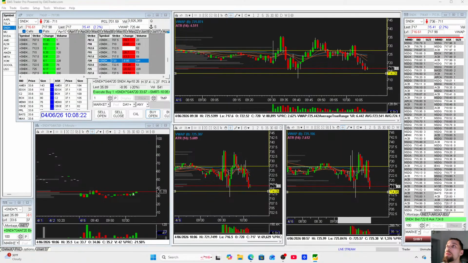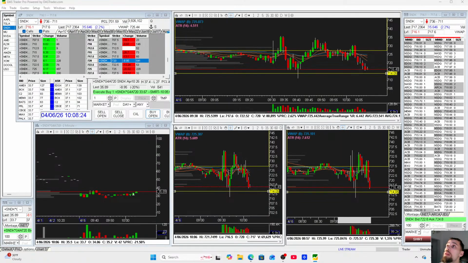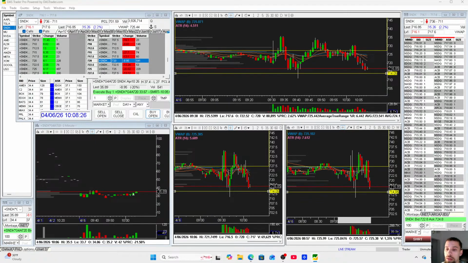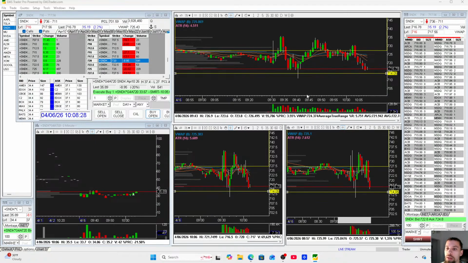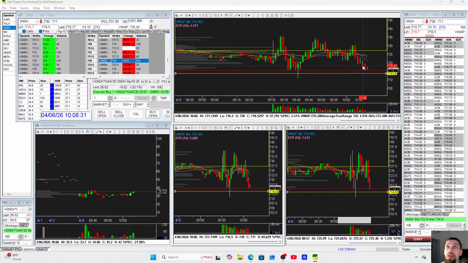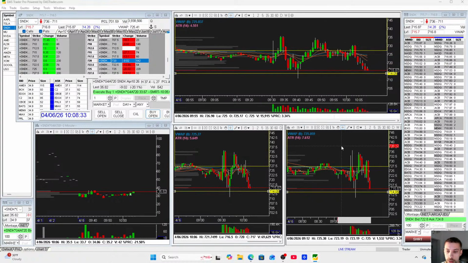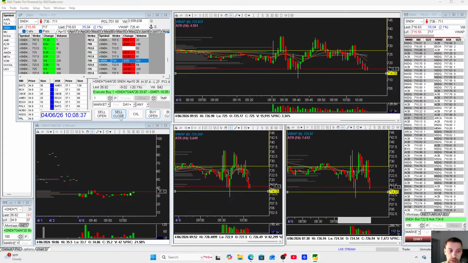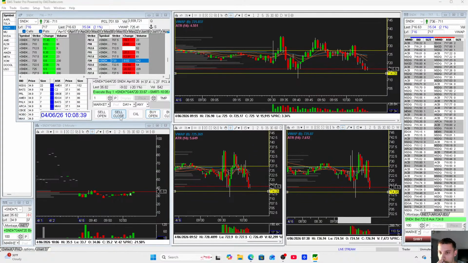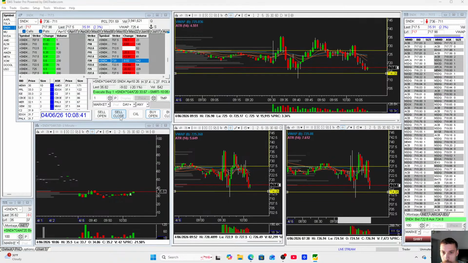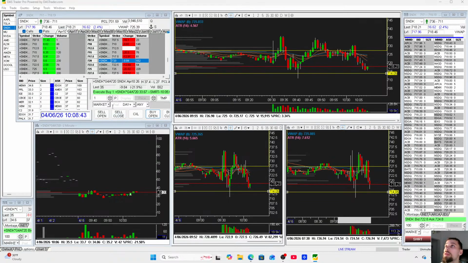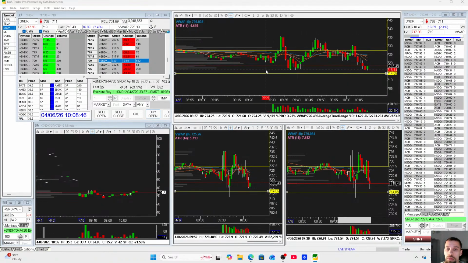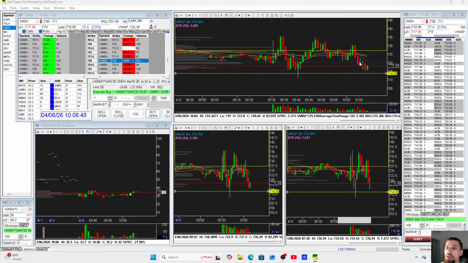Need to get back in the winning column, so. Just watching the price action here. Strong area support. This 716 level.